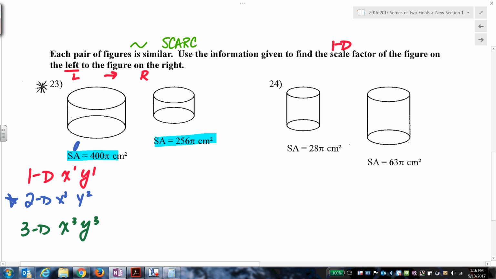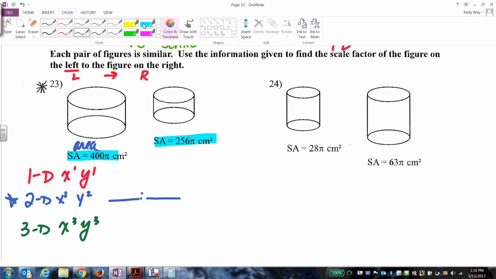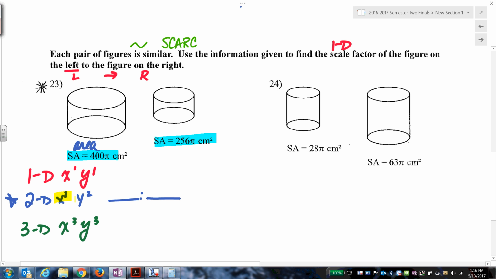Why? Because it is area. So we're going to start in that position, which means as we reduce this, we're going to look for perfect squares.